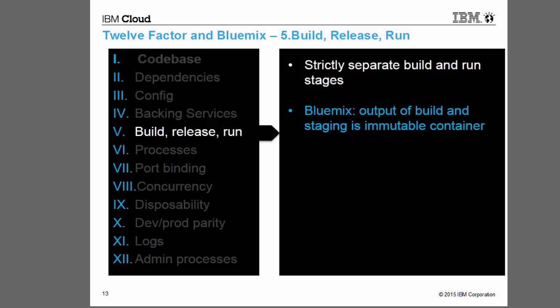So the main importance of this is, from a practical perspective, the tools and framework you will define for building, deploying, and running your app, with strict separation of all these layers, would help you a lot when implementing this factor. Bluemix, in this case, has an output and build staging environment that is provided to you by the Bluemix environment as well as DevOps, and it has a container by itself.